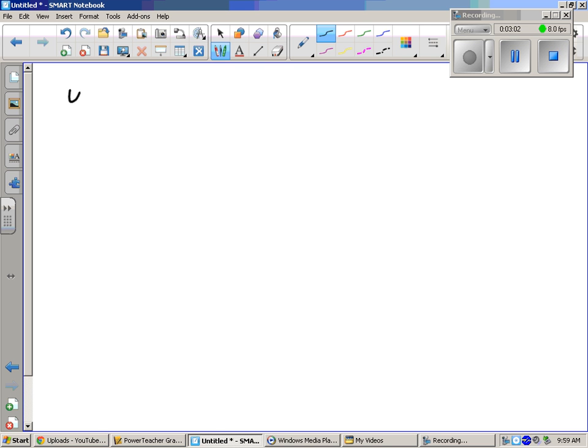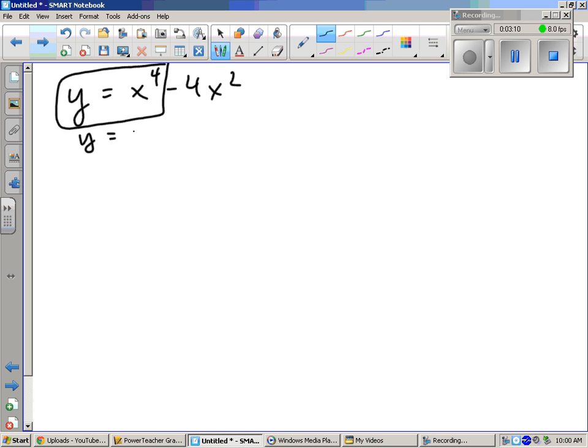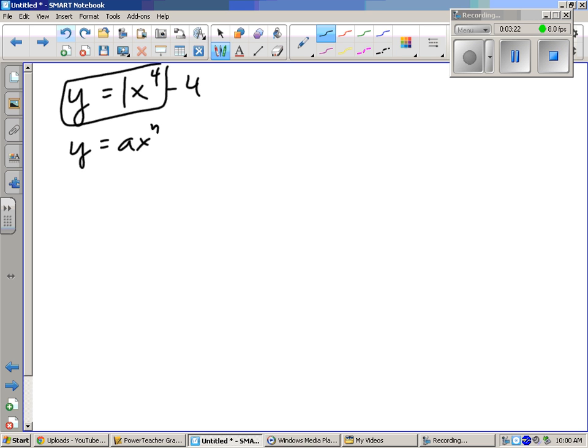All right, so let's look at a couple examples here. If I have y equals x to the fourth minus 4x squared, we really just want to look at this part of it. That's our y equals ax to the n. We have a 1 in front, so a is positive.